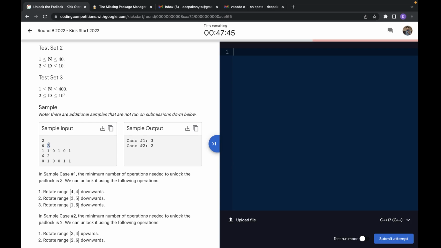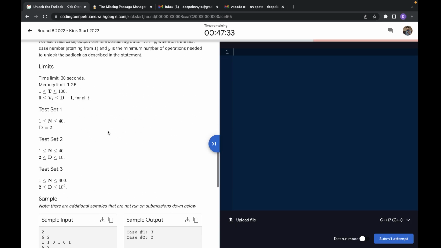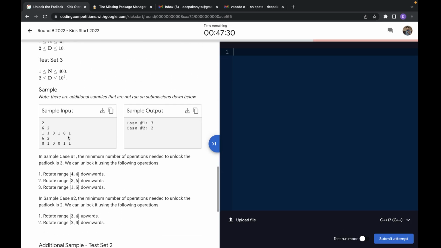What you essentially want to do is make all of these 0 by rotating them either upward or downward. That's up to you. And how does this whole process work? You'll choose some subsegment, some subarray kind of thing, and then you move it one step upward or downward.